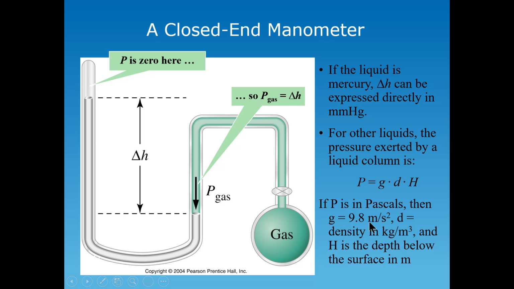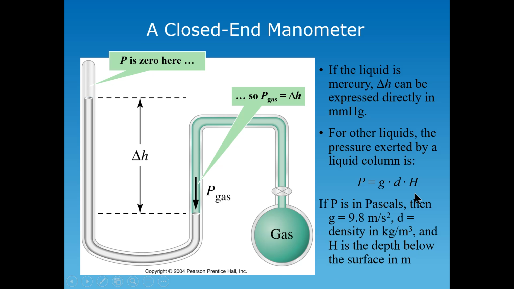The units of G are meters per second squared. And H would be the height below the surface of the mercury or the liquid, expressed in meters. In this case, the H here would be the same thing as the delta H here, because we're talking about the depth in relation to the surface of the mercury right here.